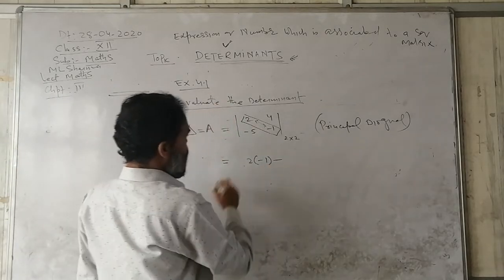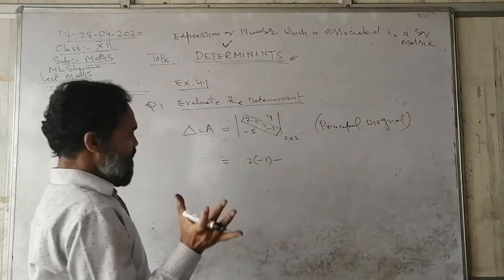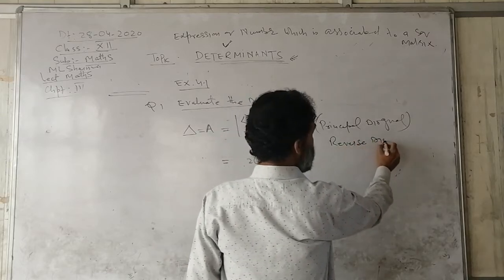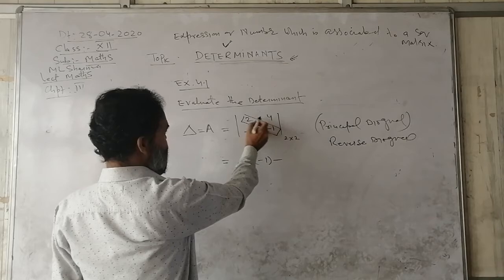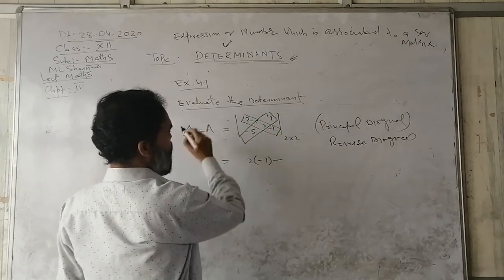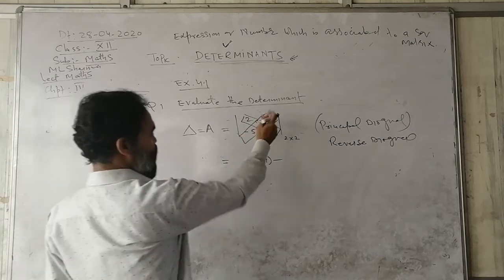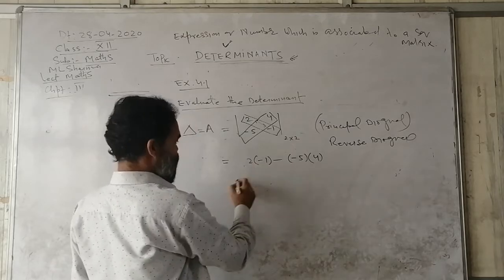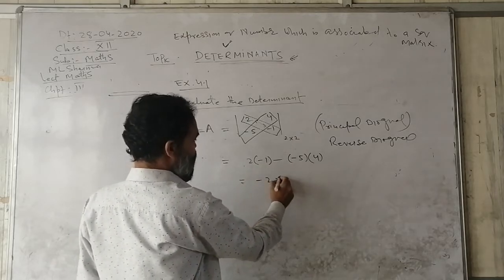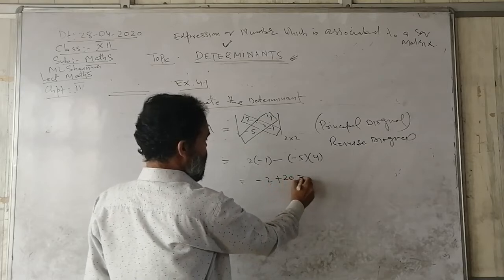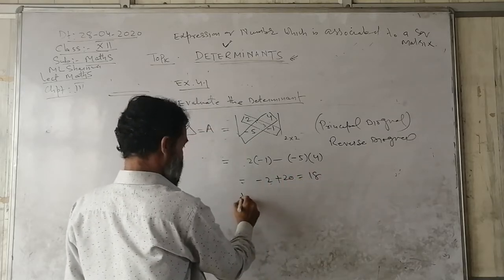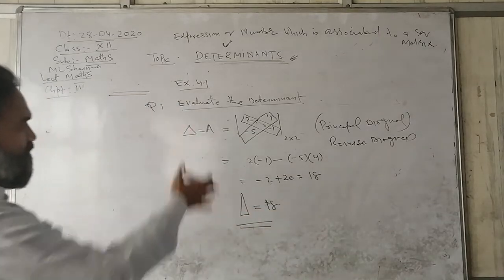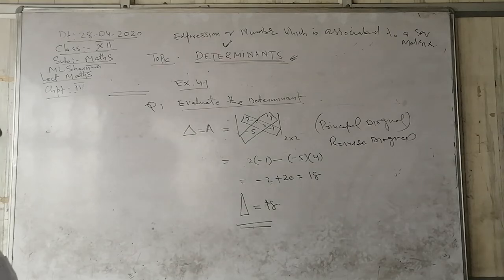Then minus the product of the elements which lie on the reverse diagonal. On the reverse diagonal, one is minus 5 and the other is 4. So I can write minus 5 into 4. This will equal minus 2 plus 20, that is 18. So the value of this determinant is 18.